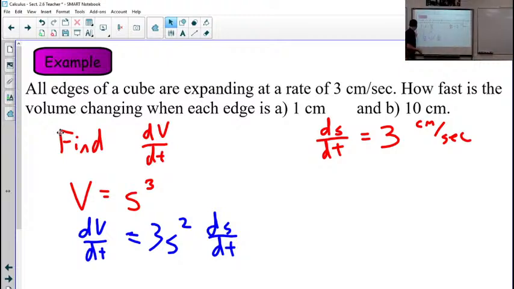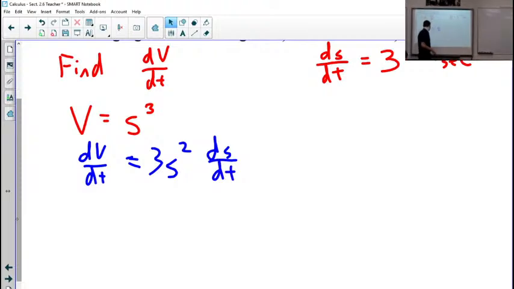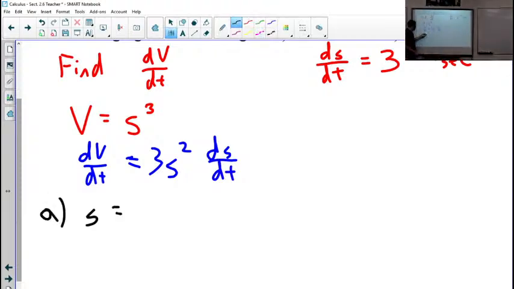So now we can solve the problem. Part A. Part A says s equals 1 centimeter.